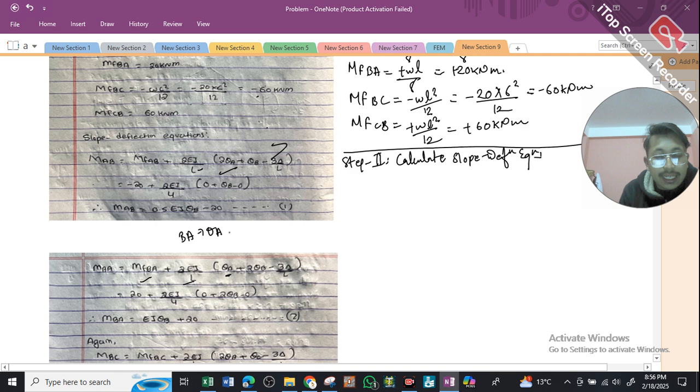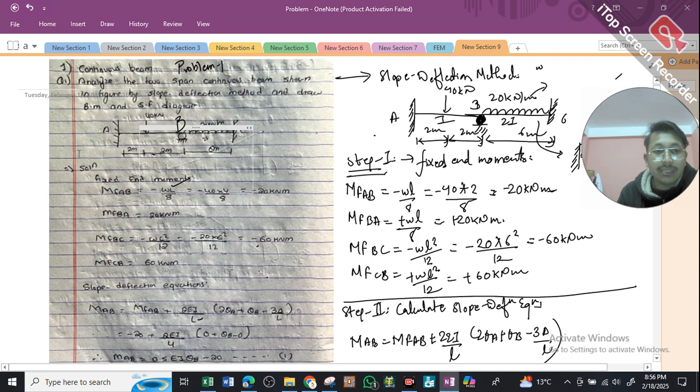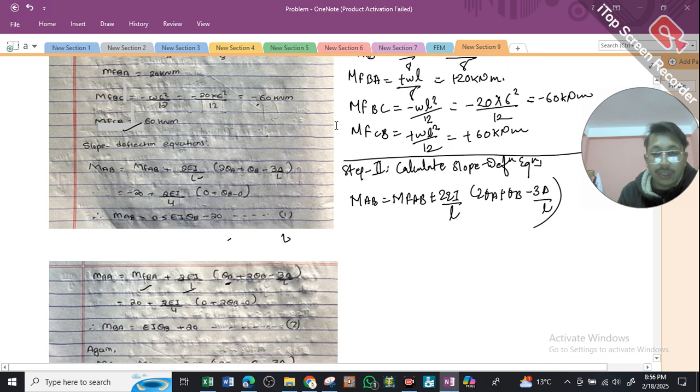After this, we are going to write down the formula. MAB should be the fixed end moment AB, which I've already calculated before, plus 2EI by L times 2 theta A, since I'm looking for member AB, minus 3 delta by L. Right now the settlement is 0 because no settlement has been given in the question, so we take the settlement as 0.